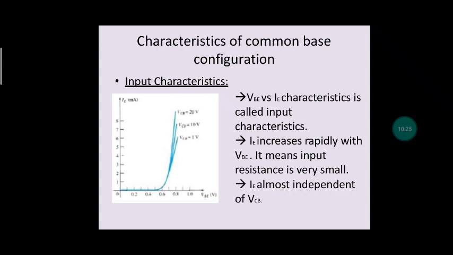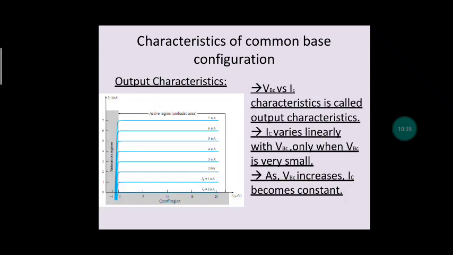The current will be almost independent of voltage. The voltage levels range between 1, 10, 20; the ranges differ.